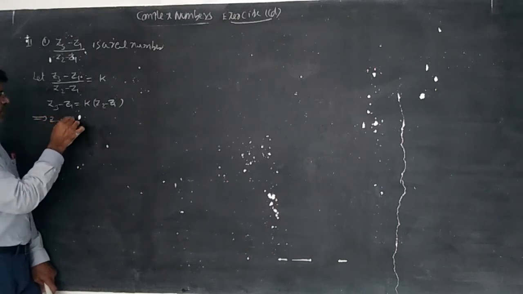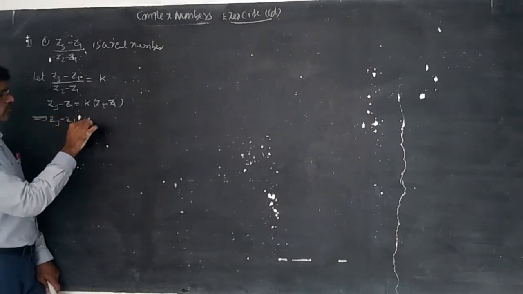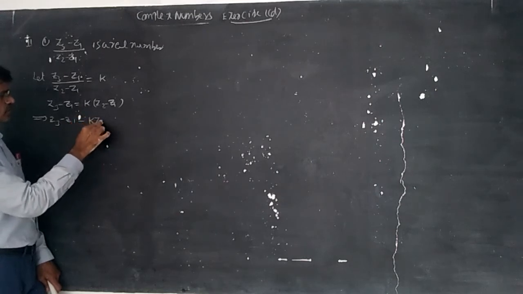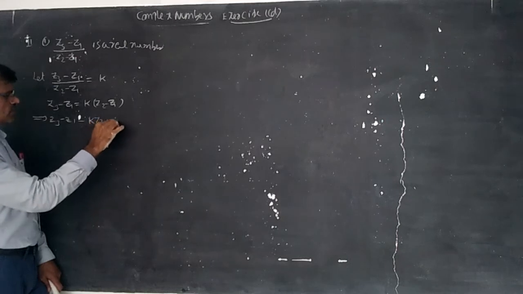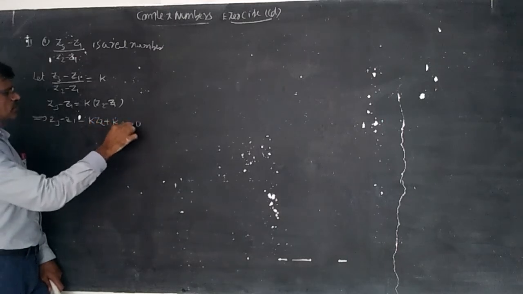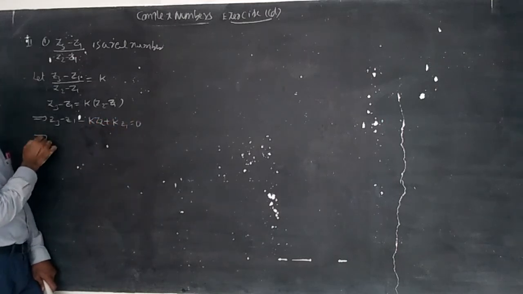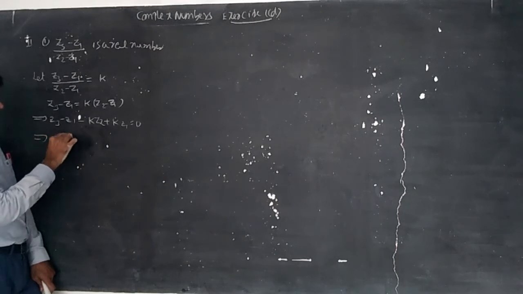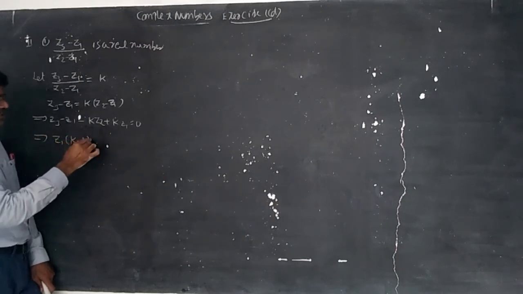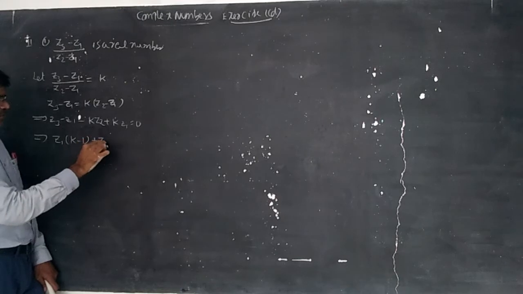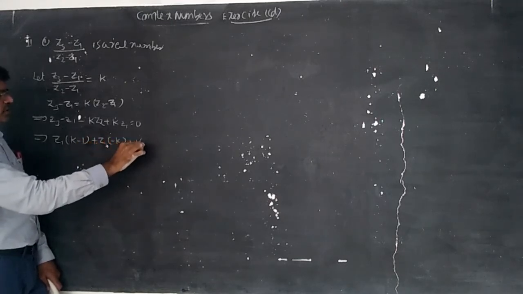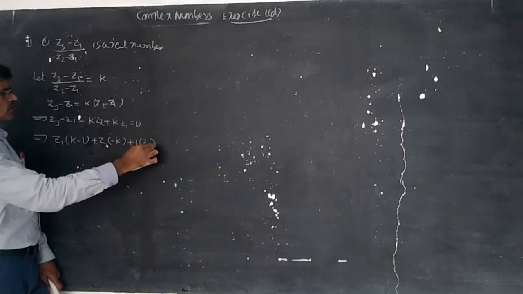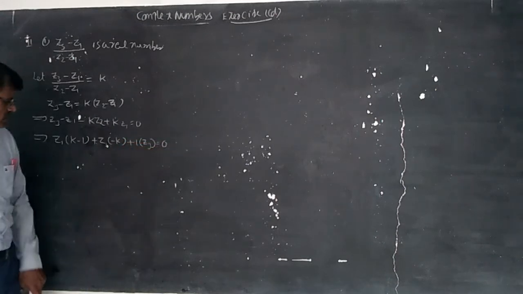Therefore, write Z3 minus Z1 minus KZ2 plus KZ1 equal to 0. That implies, taking Z1 common, it becomes (K minus 1) Z1, plus Z2 common, it becomes minus K Z2, plus 1 into Z3 is equal to 0.